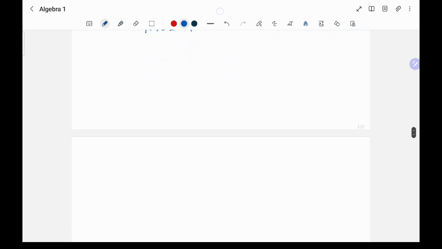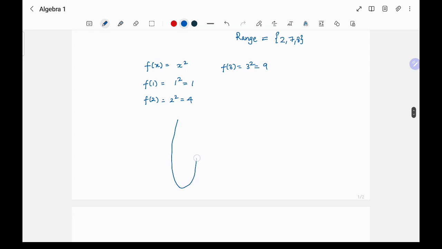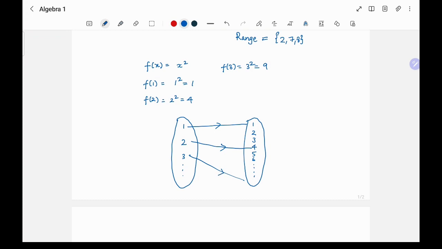So if we just try to plot it, we'll have 1, 2, 3 and so on, and in the codomain 1, 2, 3, 4, 5, 6 and so on. We have 1 mapping to 1, 2 mapping to 4 and 3 mapping to 9 and so on.